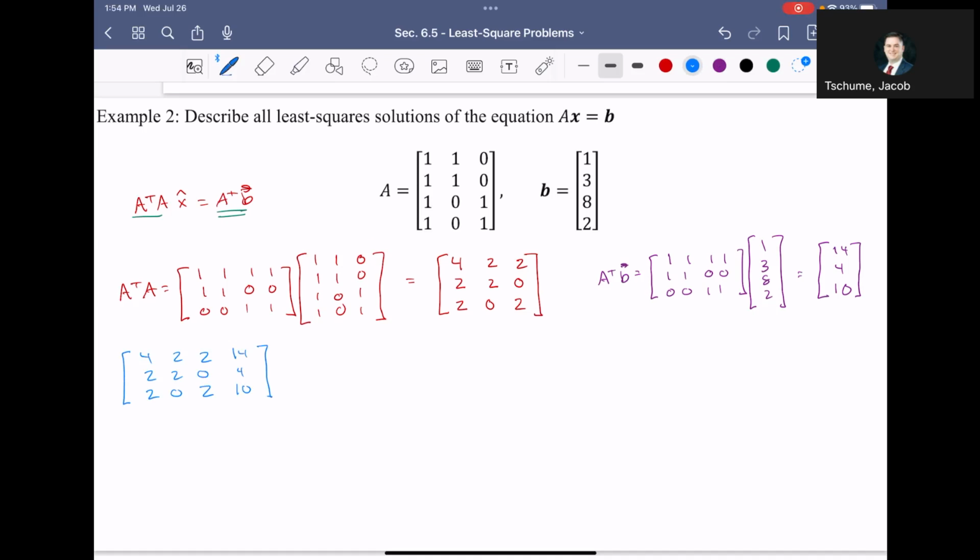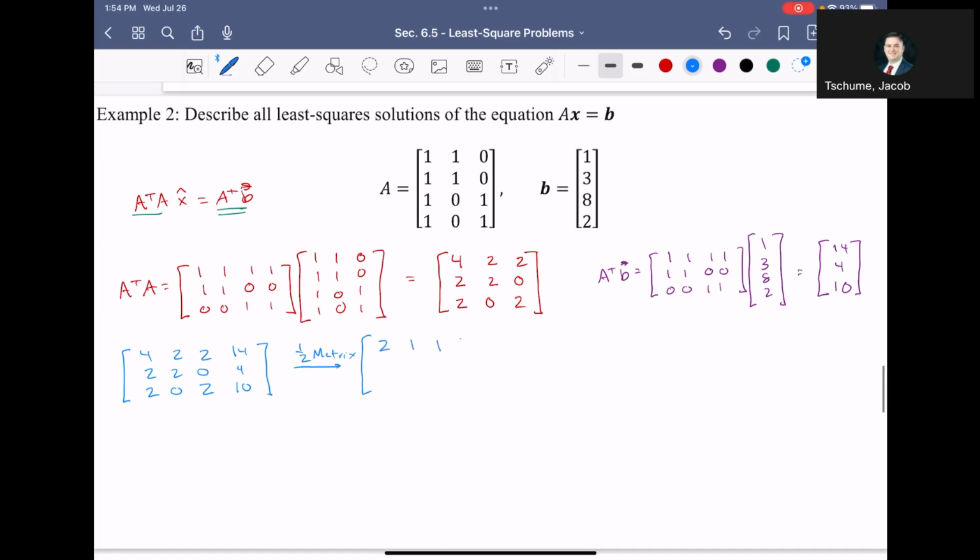Now, before I even begin this problem, the first thing I notice is that every single number in this entire matrix is divisible by 2. So this is a little bit unorthodox. I'm going to halve the entire matrix just because I want to make all the numbers as small as possible. So that would be 2, 1, 1, 7, 1, 1, 0, 2, and then 1, 0, 1, 5. That looks a lot better to me.